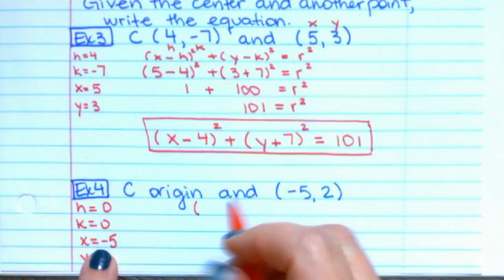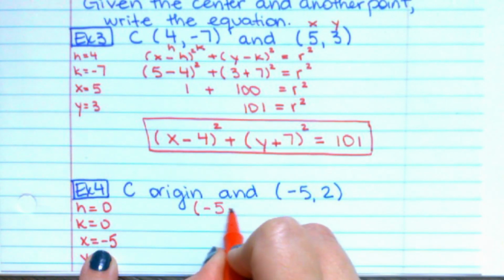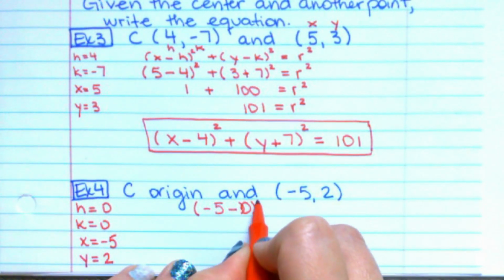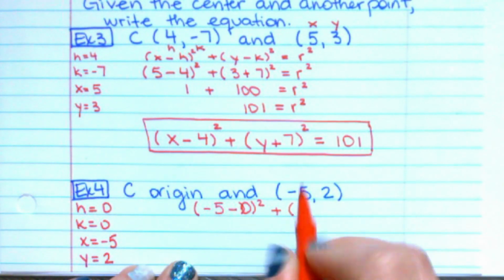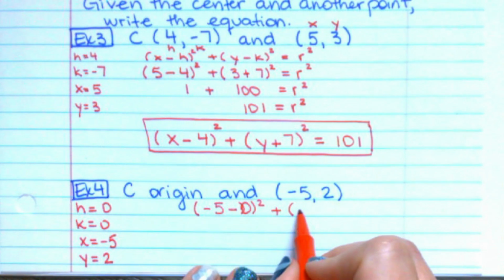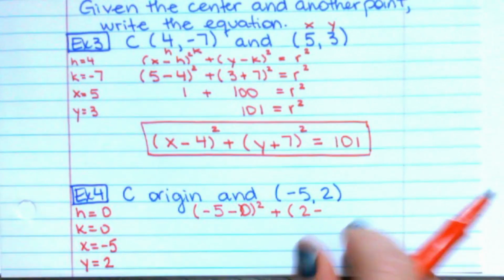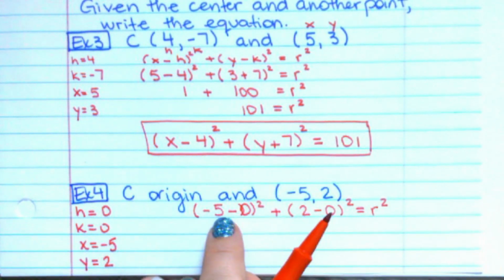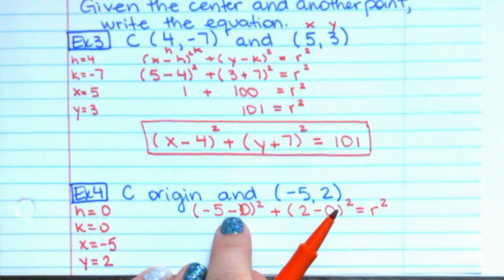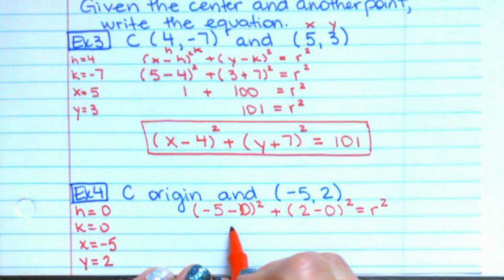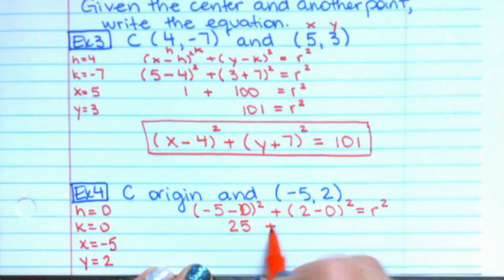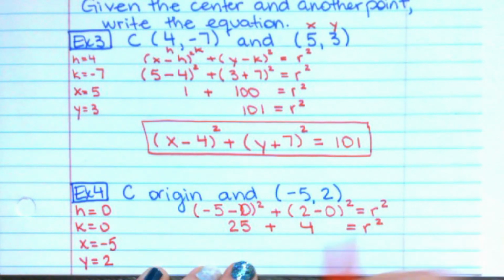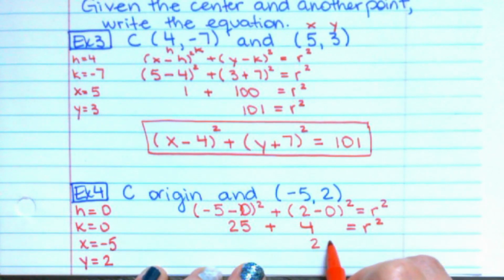X is -5, minus H is 0, 0 squared, plus Y is 2, minus 0, squared is R squared. Okay. -5 minus 0 is -5. -5 squared, 25. 2 squared, 4. R squared, 25 and 4, 29.